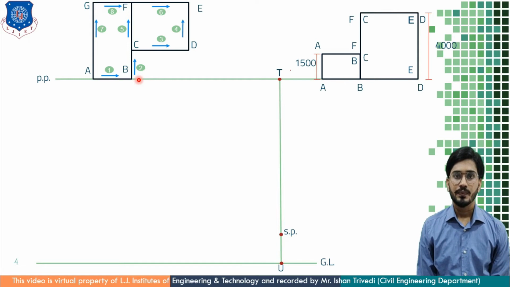So understand the real concept. What I'll do first, I'll put a point that is called SP point in your drawing sheet. I will measure from this point, in your drawing sheet, 12,000 mm, meaning 12 meters, and in your scale it is 12 centimeters.